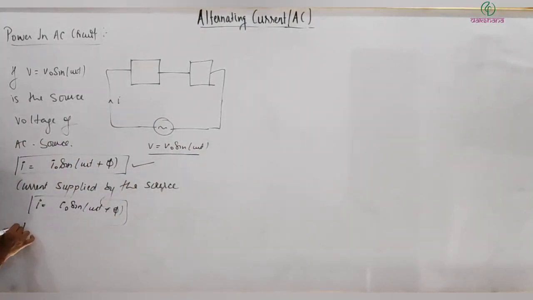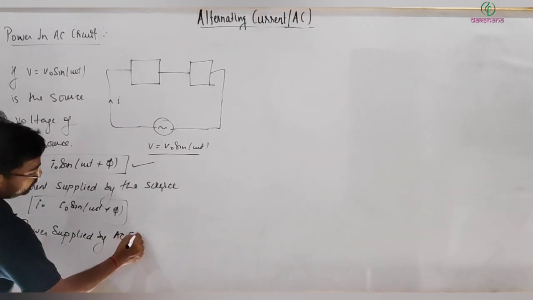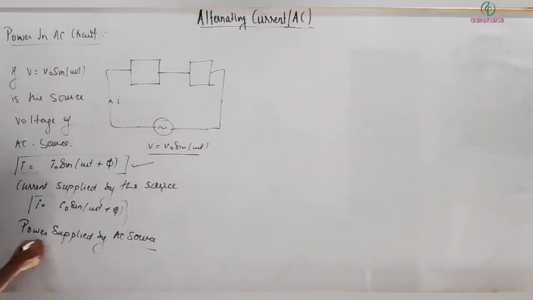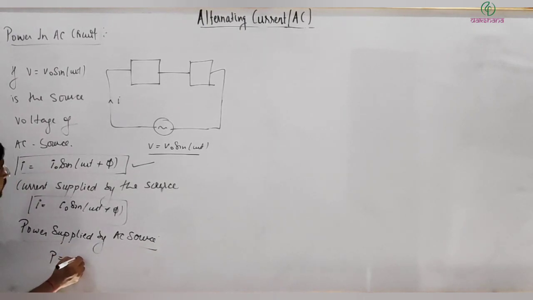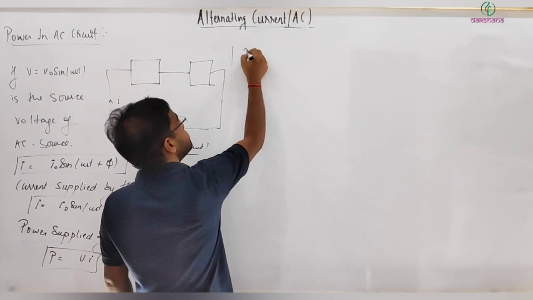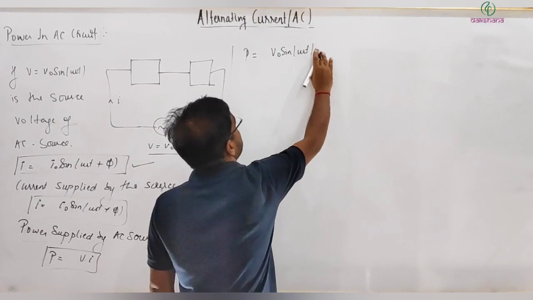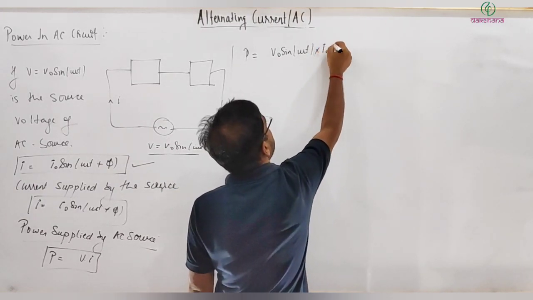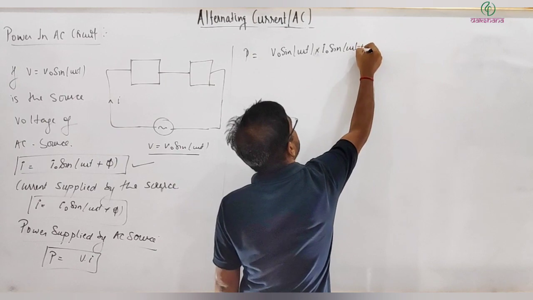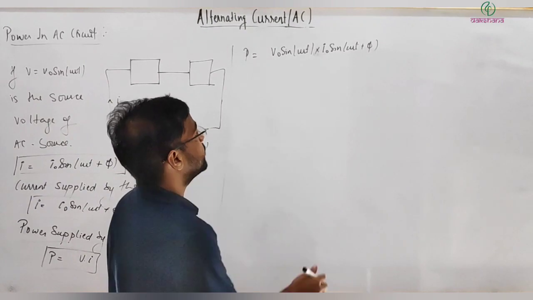So I can write now the power supplied by the AC source. This can be written as power is equal to V multiplied by I. Clear? Let me substitute things here. So instantaneous power is V naught sine of omega t multiplied by I naught sine of omega t plus phi. This is the net power. Now I can simplify it.